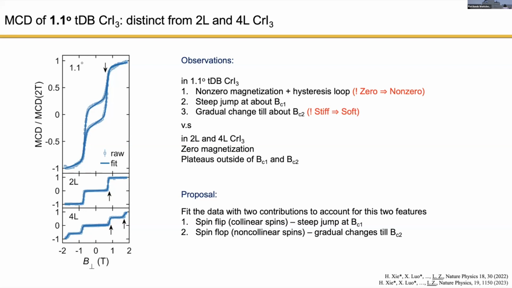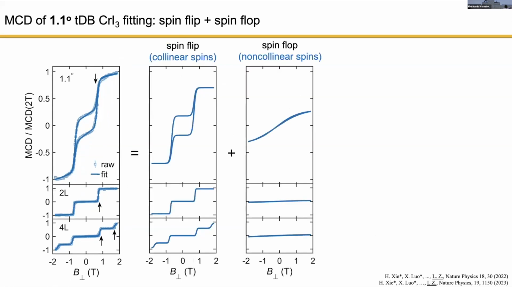One is still the spin flip transition that accounts for this steep jump in the data. Another is a spin flop process that accounts for this gradual change in the data. So it's a linear add-up of the two contributions to reproduce the raw data.